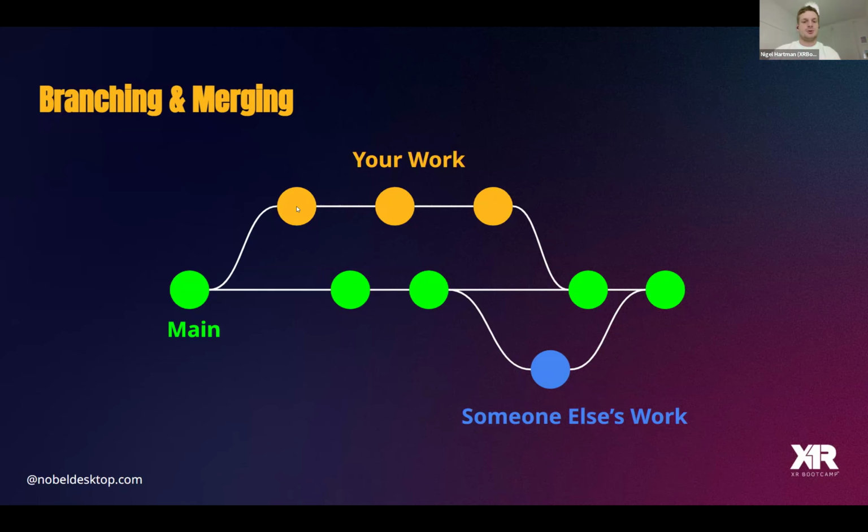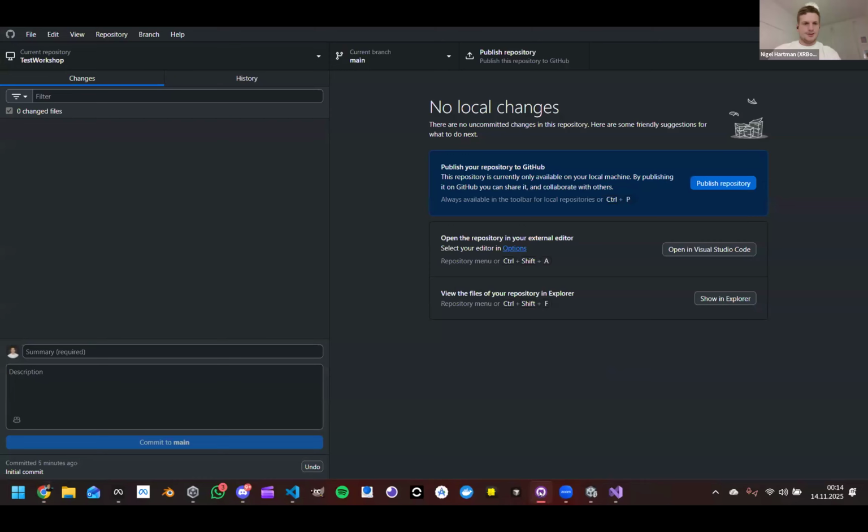And maybe during that time, someone else also created a new branch from the main and was working on their features and also later wants to merge it. I will show you how that looks in the application.